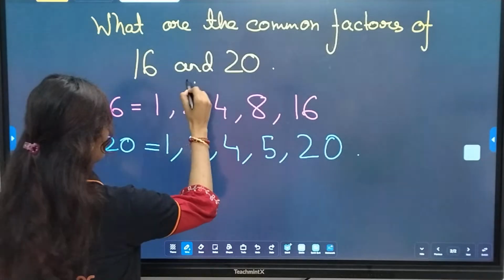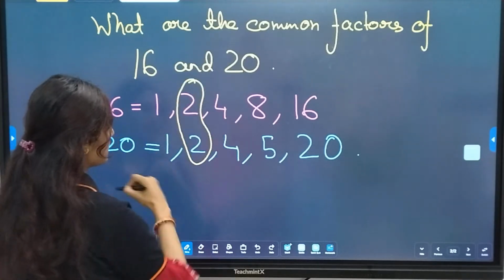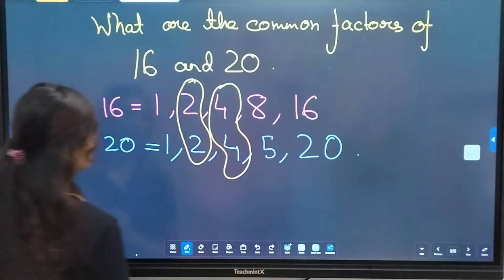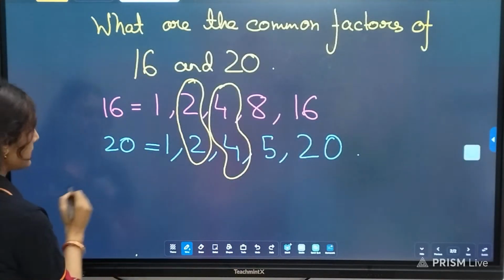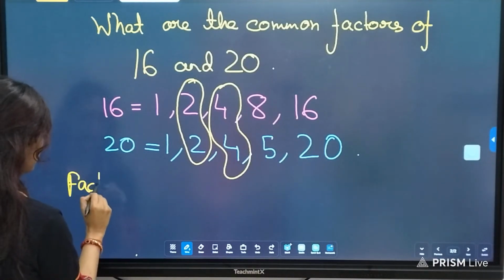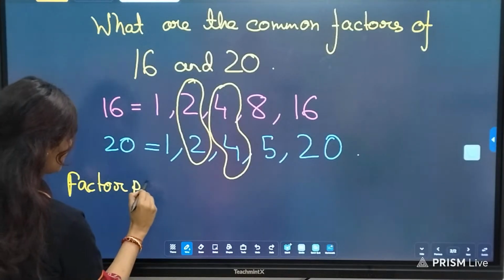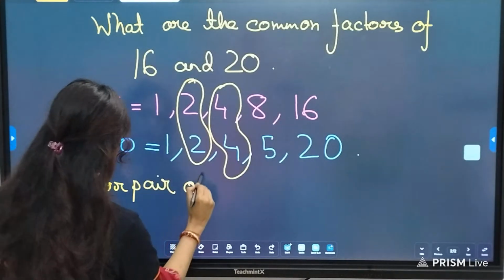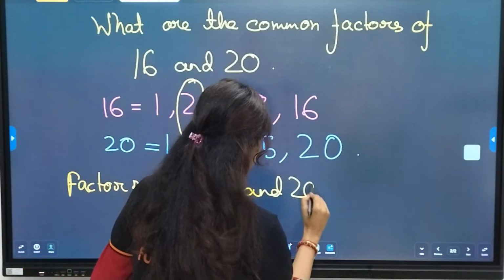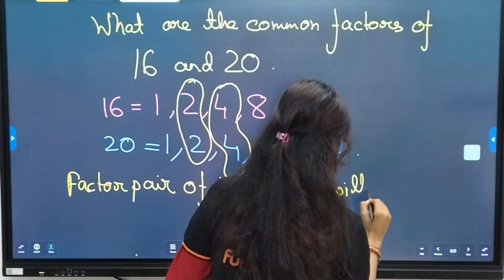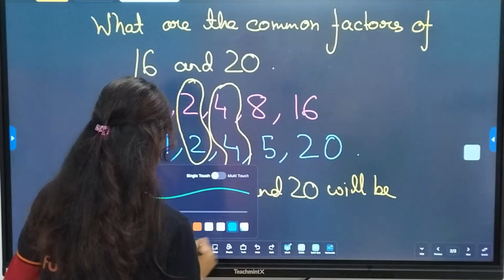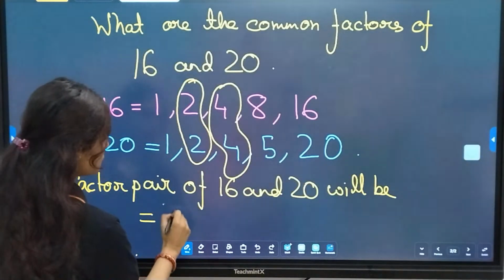So 2 is common here, 4 is common here. So what will be the factor pair? The factor pair of 16 and 20 will be 2 and 4.